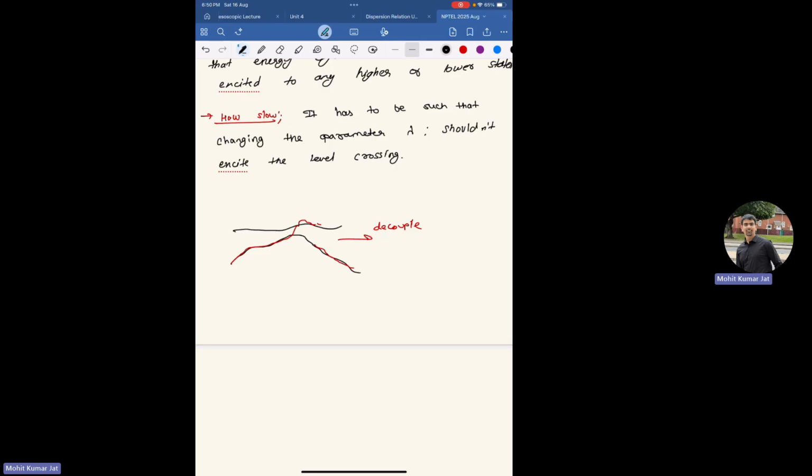In general, you have to tune three parameters to specific values in order to get two states to have the same energy. This follows by thinking about a general Hermitian 2 by 2 matrix, which can be viewed as the Hamiltonian for the two states of interest. The general Hermitian 2 by 2 matrix depends on four parameters, but its eigenvalues only coincide if it is proportional to the identity matrix. This means that three of those parameters have to be set to zero.